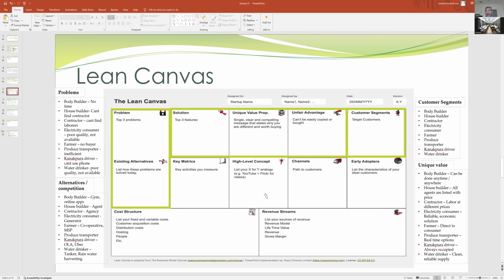Which is like, my solution is the Uber for intercity applications, or my solution is the Uber for Kanakpura Bangalore road. That is how you would put it. Why do you do that? The reason is, if people have a way of doing certain things and your application fits that model, it is much easier for adoption.